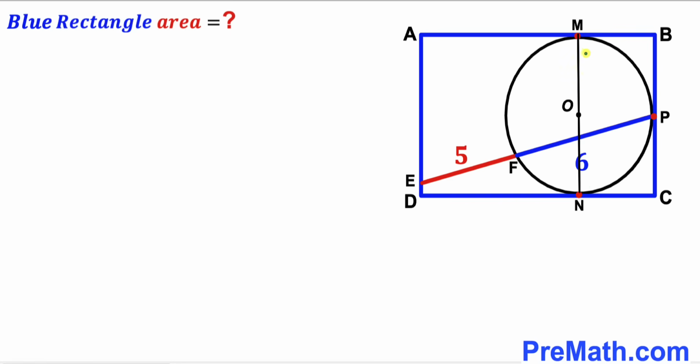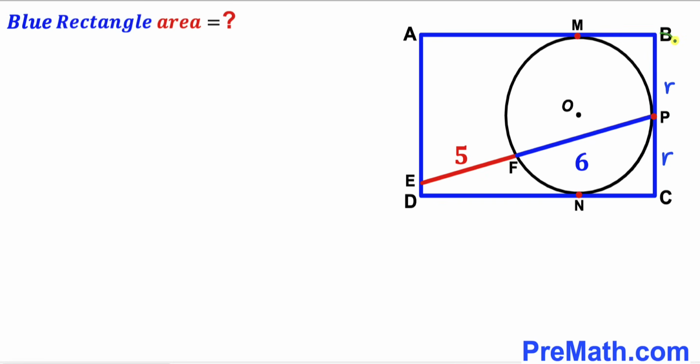I'm going to label this radius as lowercase r, and likewise this radius lowercase r as well. Then this segment BP length is going to be lowercase r as well, and likewise this PC length is going to be lowercase r as well.